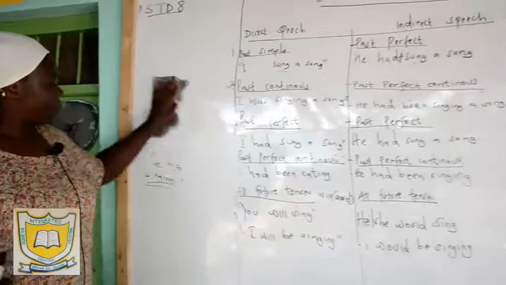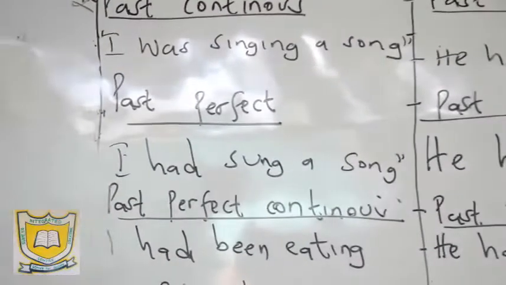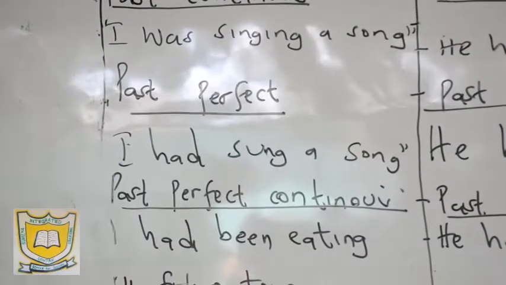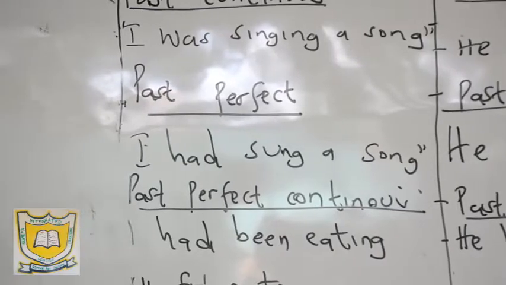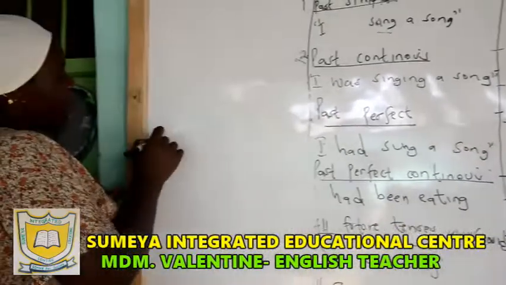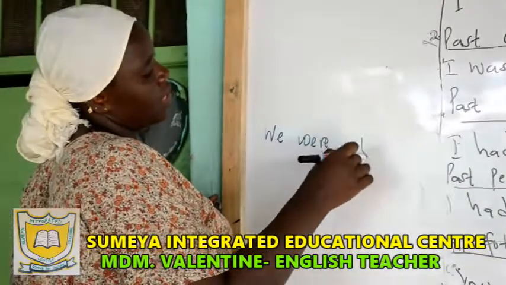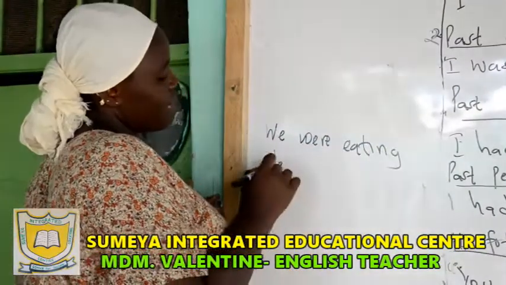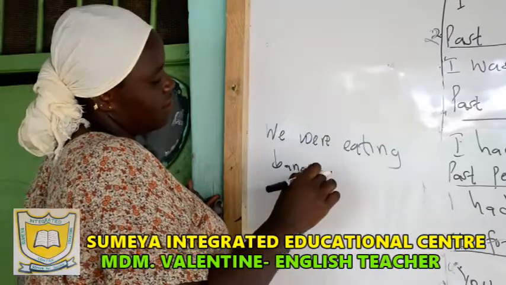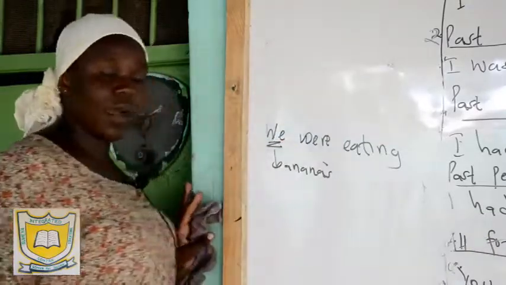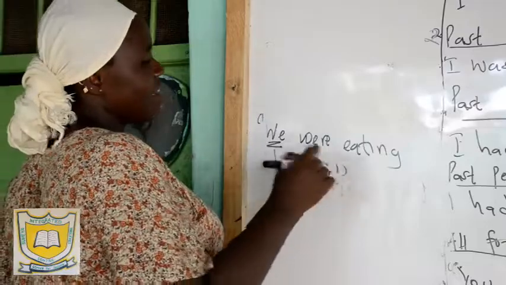And then you have the past perfect direct speech. Or I can give another example of the past continuous, we can say we were eating bananas. So I'm having we were eating bananas, direct speech.